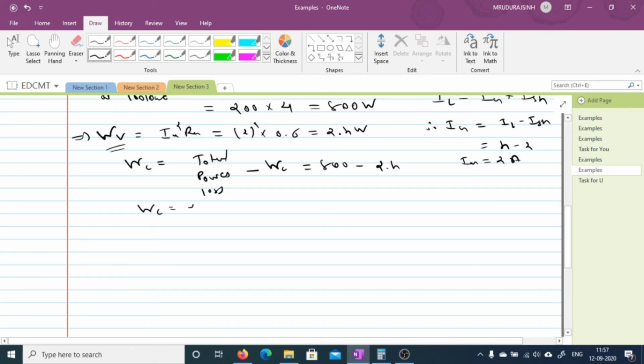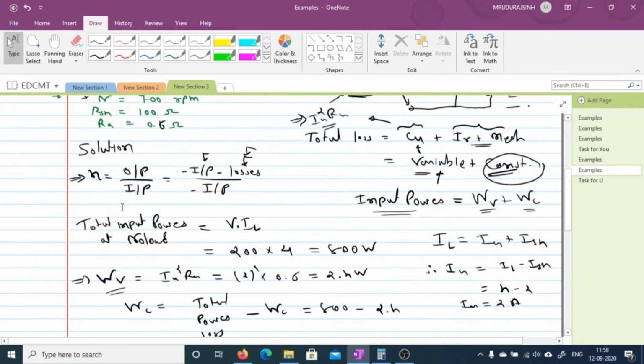So WC is 797.6 watt. So 797.6 watt is a constant power loss.